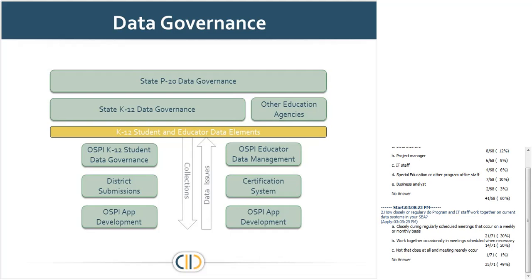And the OSPI application development team, they work with that system as well. So the same process, collections are determined at the governance level, and then as they're working through collecting that information, issues that come up get sent up through those channels so that everyone can be aware and they can work on those and make decisions around how to make that data available as efficiently as possible.